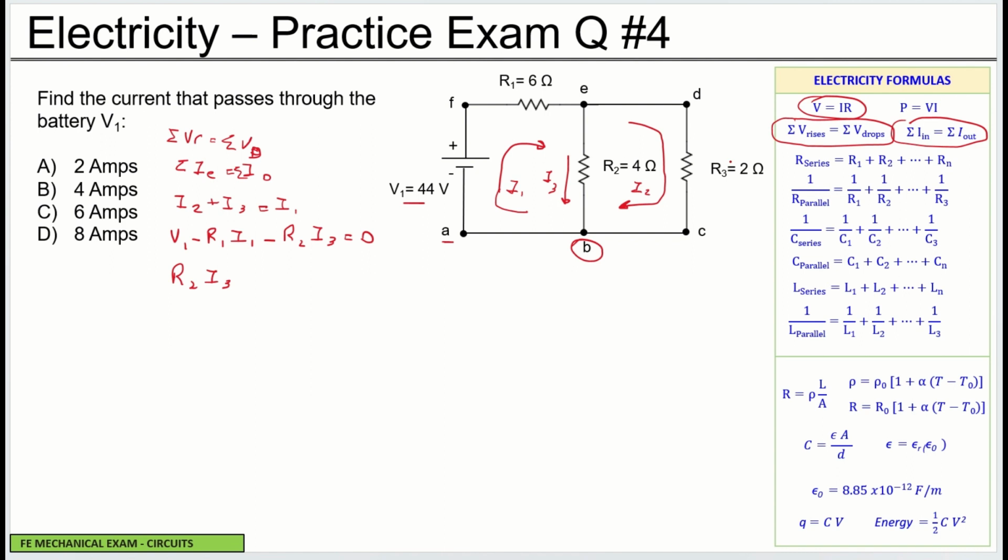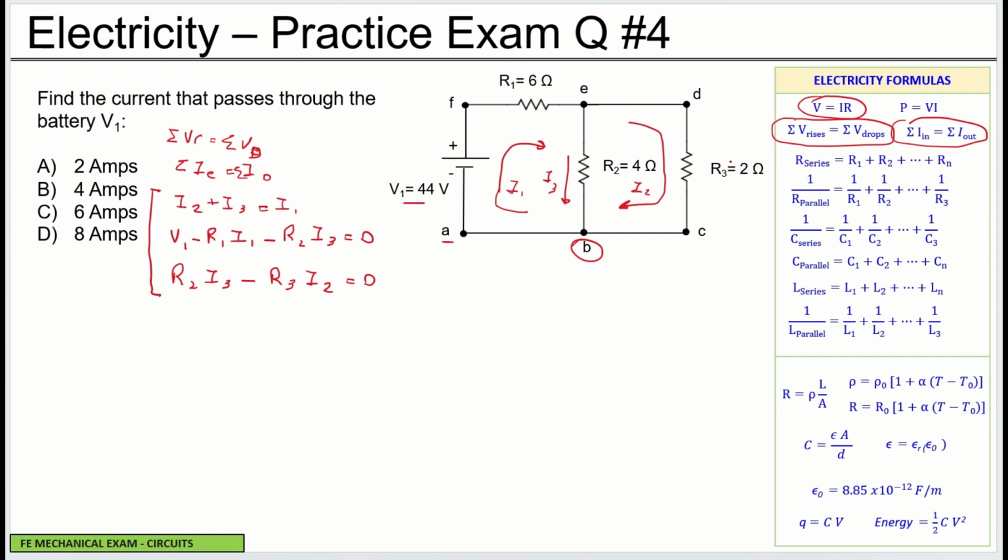At DC, we have R3 times I2, negative, because we move in the same direction the current goes. So basically we have 3 equations with 3 variables.